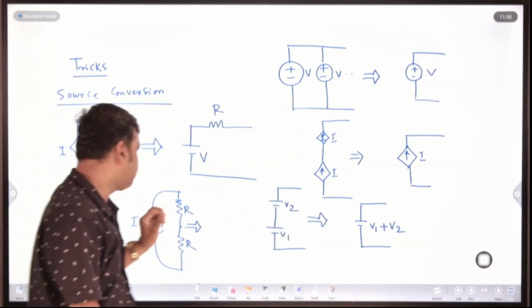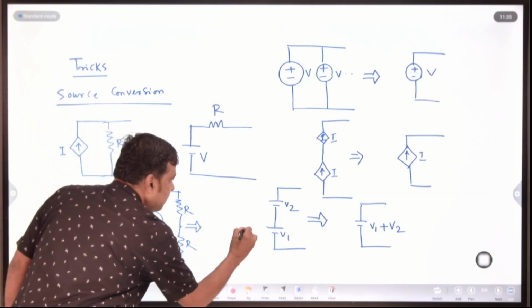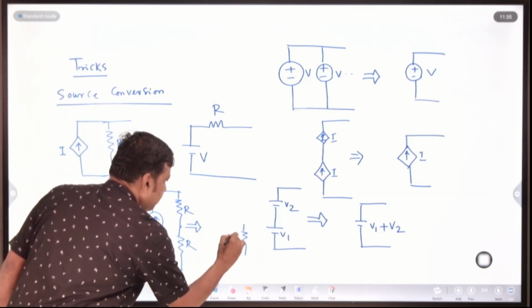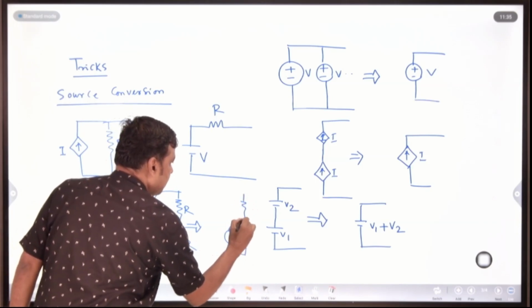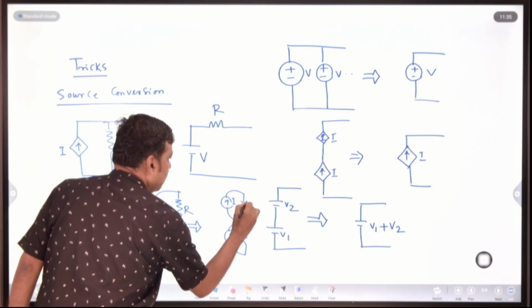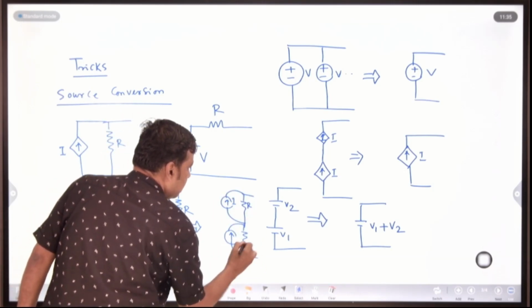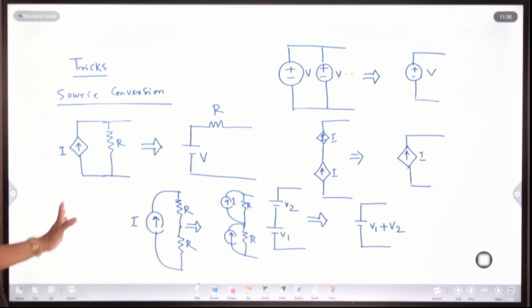You must know the basic tricks. If the current source is like this, the equivalent figure will be like this, which is easier for you. This is I and this is R. So this is the source conversion.